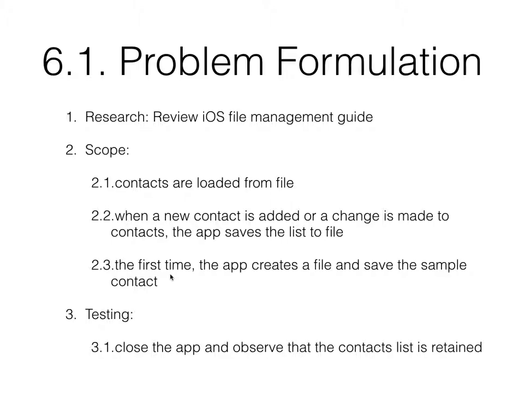If there is no file, it creates sample content and a contact and saves it to the file. So that's at the beginning when the app loads, when you load the data source. Previously, when we loaded the data source, we initialized it with a sample contact. Here, we will need to check for the file.